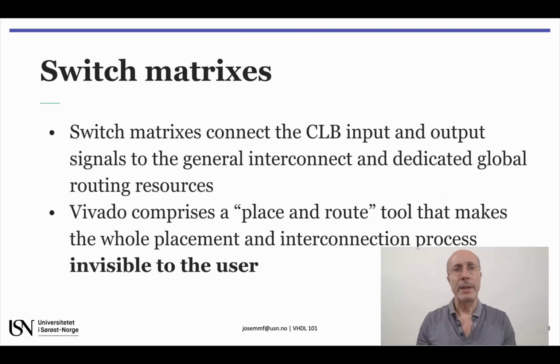The interconnections established among the CLBs are vital for the implementation performance, namely in terms of propagation delay. Selecting the best possible interconnections is actually a very complex process, but everything that is done at this level is invisible to the user, since Vivado takes care of all placement and routing tasks.